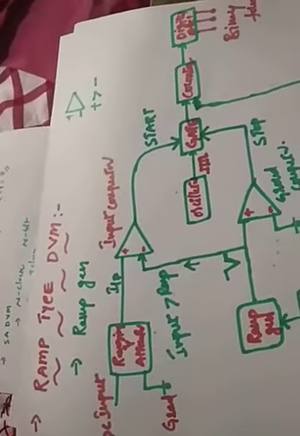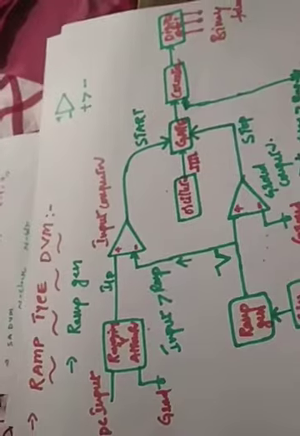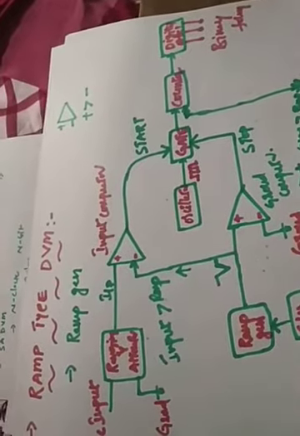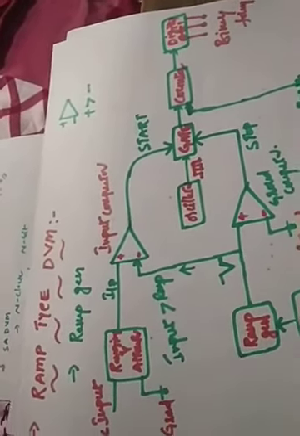Now, whatever the input, either AC or DC, is given to the ranging and attenuator circuit. What is the function of ranging and attenuator? If the input signal is very small, it's very difficult to convert, so you amplify the signal.